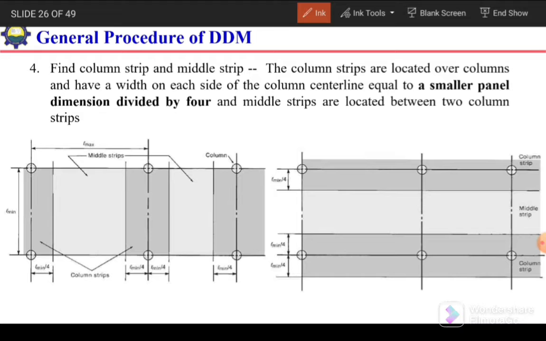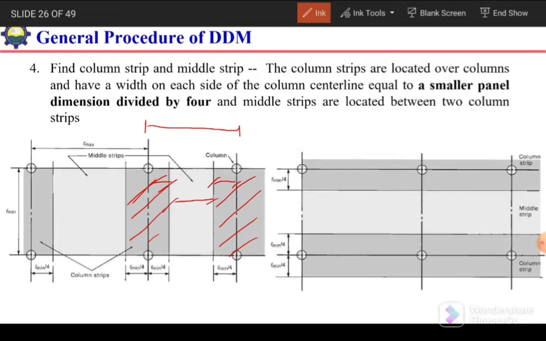So here we have this dark shaded area, the column strip, and for this frame we have this column strip, and in between these two, this light shaded area is the middle strip. The width of the middle strip will be equal to the center to center dimension between the columns minus the half column strip on this side and the half column strip on this side.